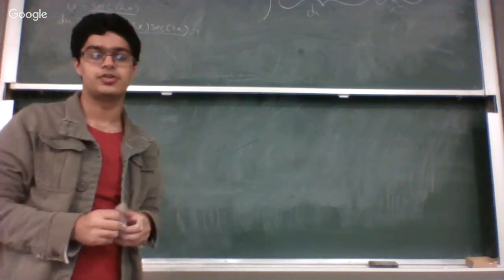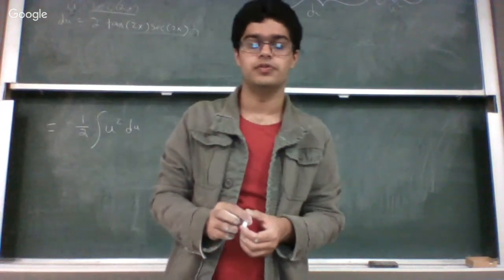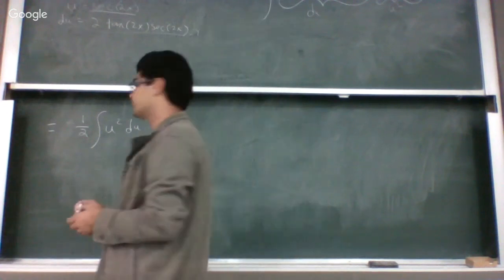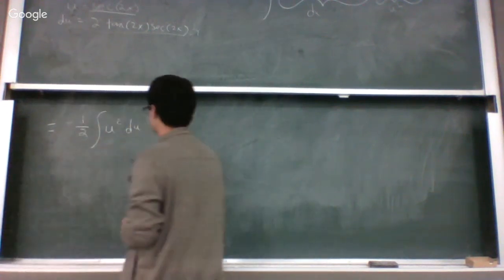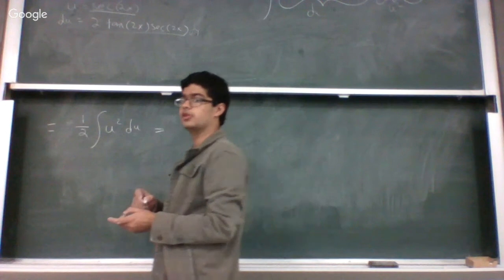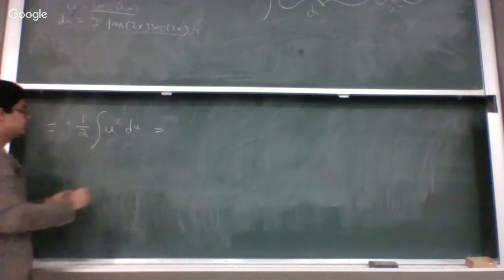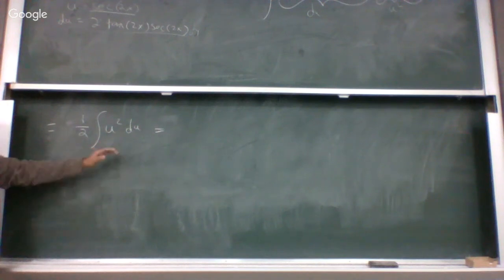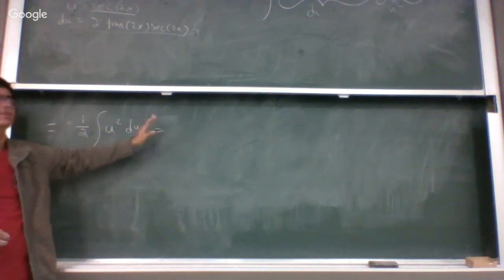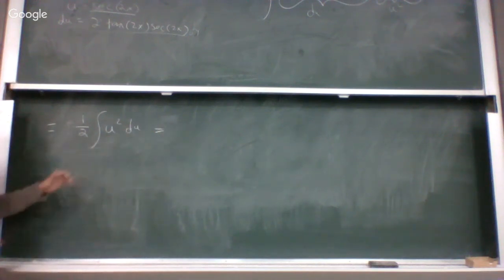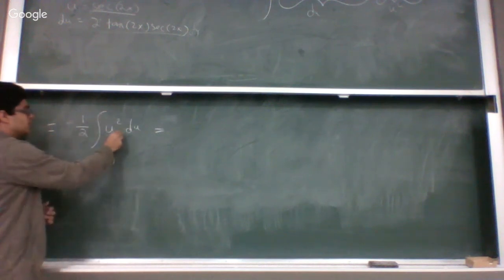And you already know how to do the integral of u squared. But the integral of du, that's like dx. So the integral and the dx. So we just take the integral of u squared.